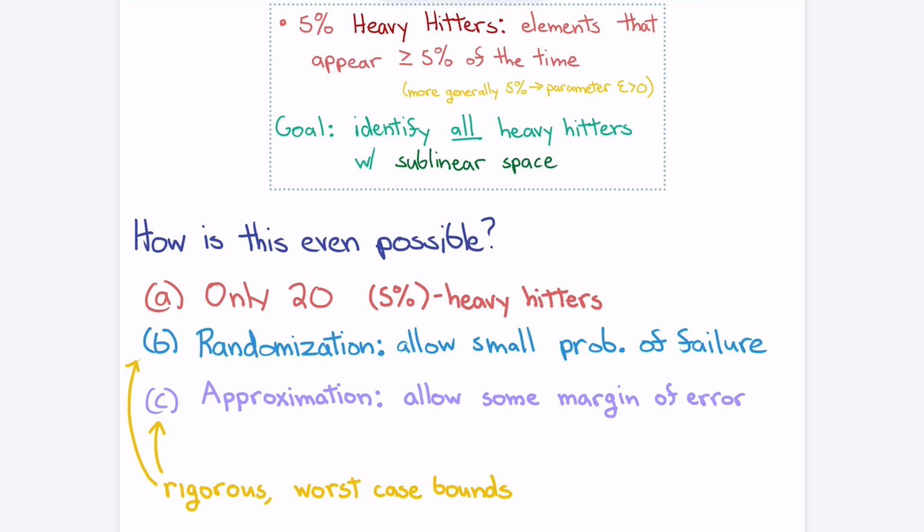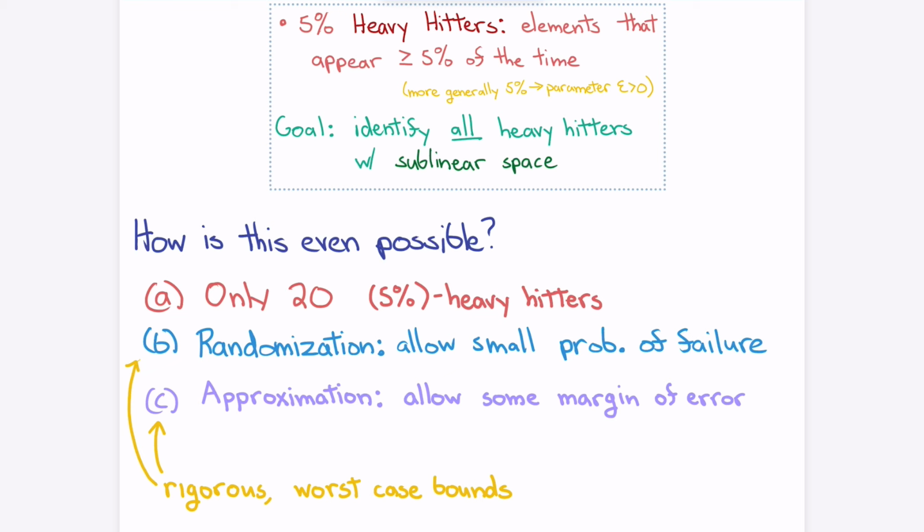Next, we'll do some randomization. It won't be too much randomization, since the whole point is we're only just getting exposed to it. And our algorithm will have some small chance of failure. As soon as you start letting loose the controls on doing things exactly, you open up a lot of wiggle room. And second, we're going to allow a little bit of error. It's going to be controlled.